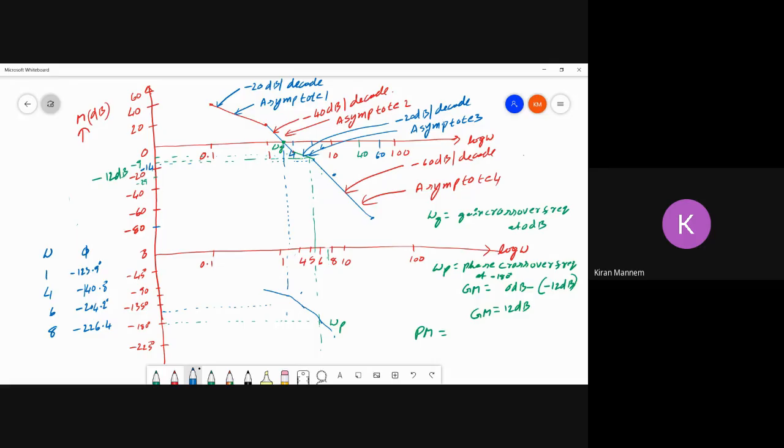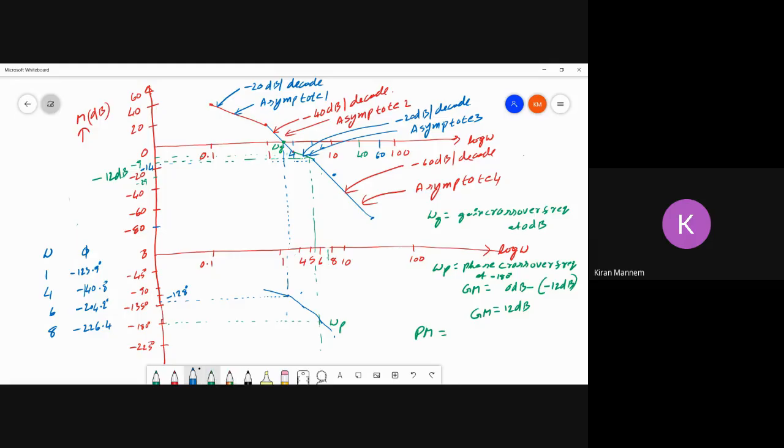This is your phase plot, and it is touching here at minus 128.